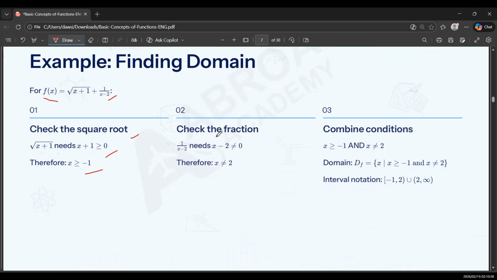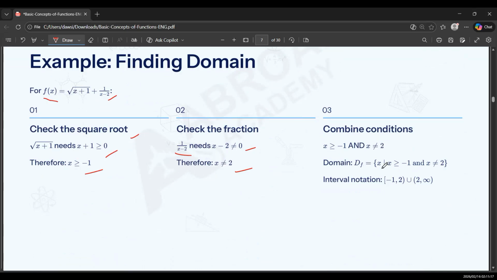And here is a fraction, 1 divided by x minus 2, which needs x minus 2 not equal to 0, therefore x not equal to 2 also. So combining conditions, x is greater than or equal to minus 1 and x not equal to 2.